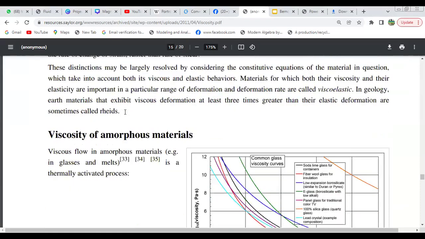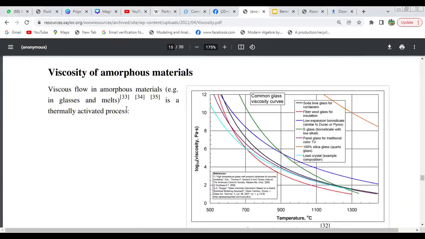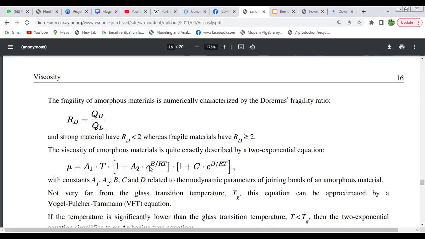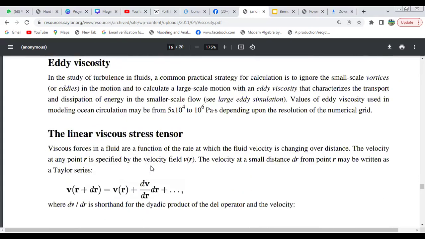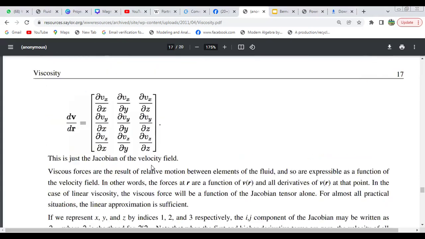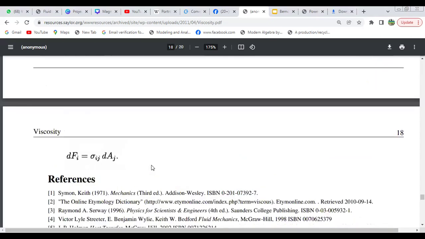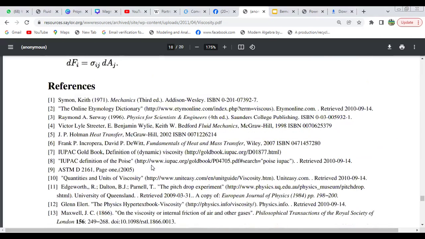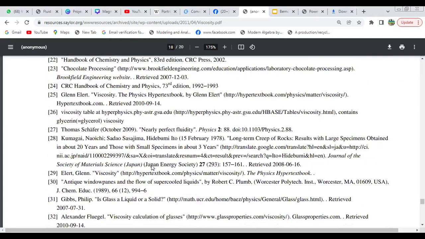And viscosity of atmospheric materials. This is the temperature on the x-axis, and this is viscosity on the y-axis. These are the references we have discussed.